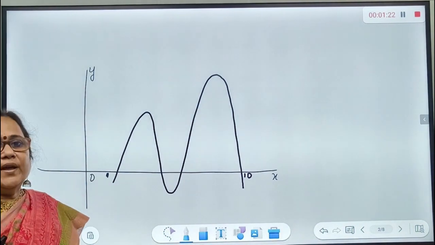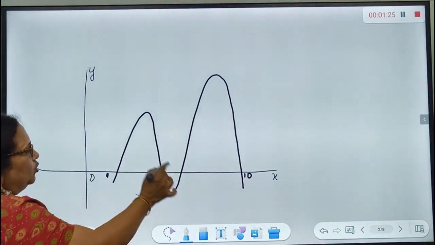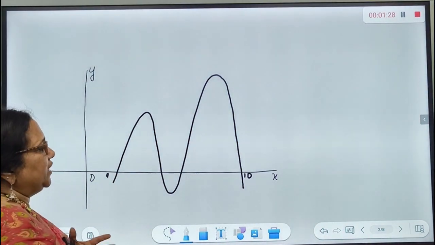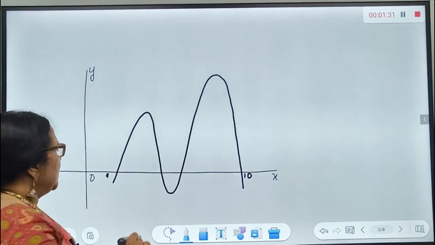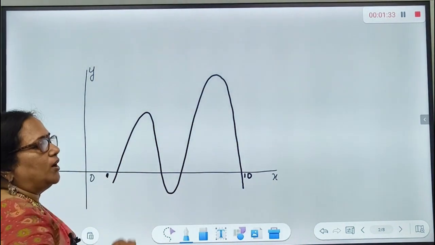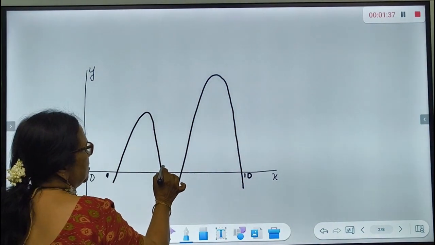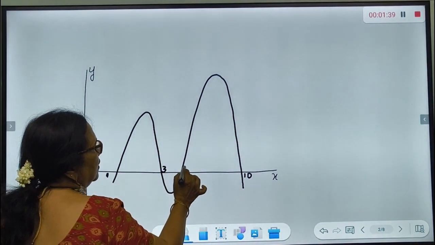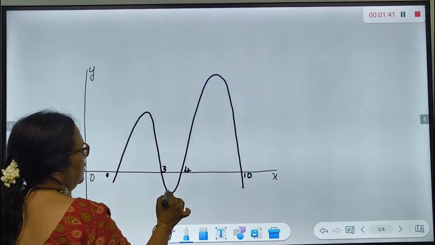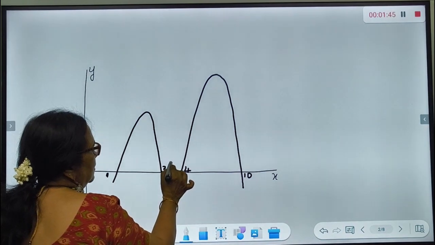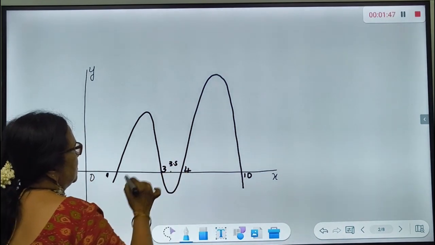Let me restrict my domain to 1 to 10. Let us assume that we are going to study the function in our restricted domain, which consists of real numbers from 1 to 10. Okay. So let me mark this as 3 and 4. Okay. 3.5, etc.